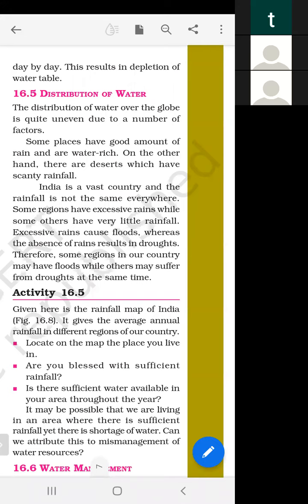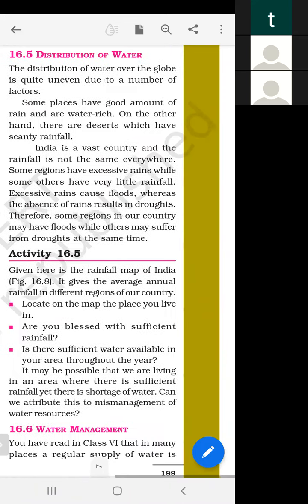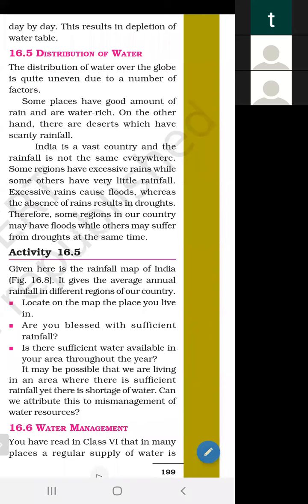The distribution of water over the globe is quite uneven due to a number of factors. Some places have a good amount of rain and are water rich. On the other hand, there are deserts which have scanty rainfall, meaning a very small amount of rain. India is a vast country and the rainfall is not the same everywhere.